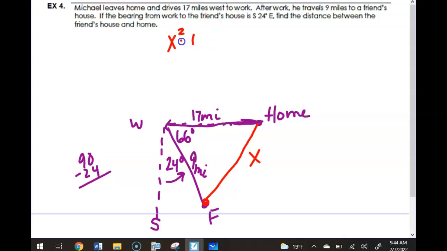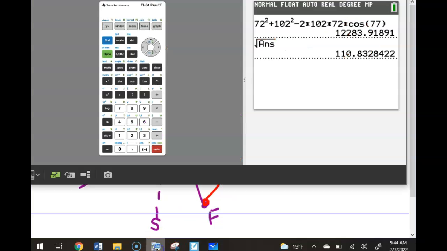So can you type this one real fast? 17 squared plus 9 squared minus 2 times 9 times 17 times the cosine of 66. And it doesn't matter what order you put the 17 and the 9 in anywhere. Cosine, was it 66? 245.5, and then we square root.